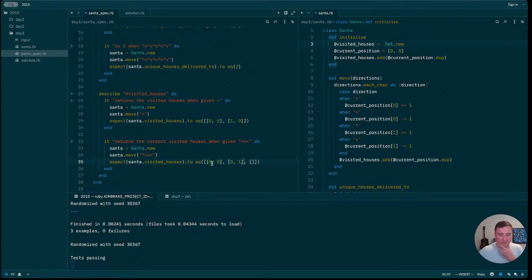So let's see here. We've gone starting position, we've gone up, so 0, 1. We go right, which is 1, 1. And then we go down, which is 1, 0, and then we go back, which is 0, 0, which shouldn't be in the set of visited houses.